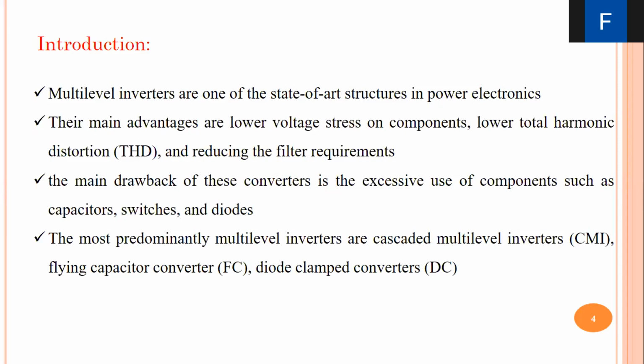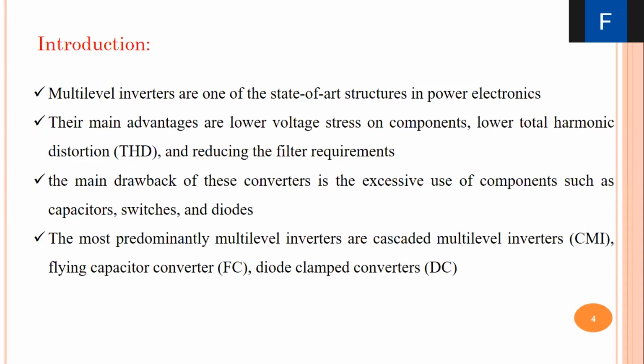Inverters and multi-level converters have some advantages and drawbacks. Some of the advantages are lower voltage stress on components, lower distortion, and reduction of the filter requirements.